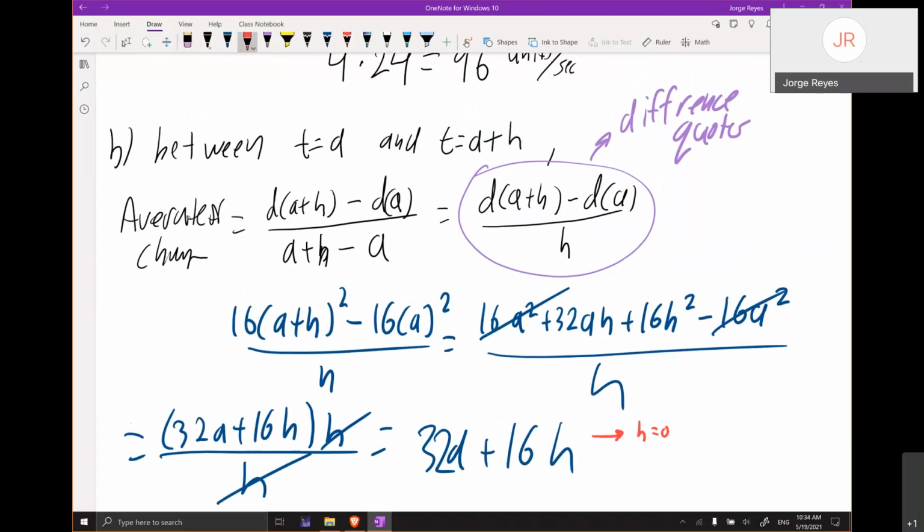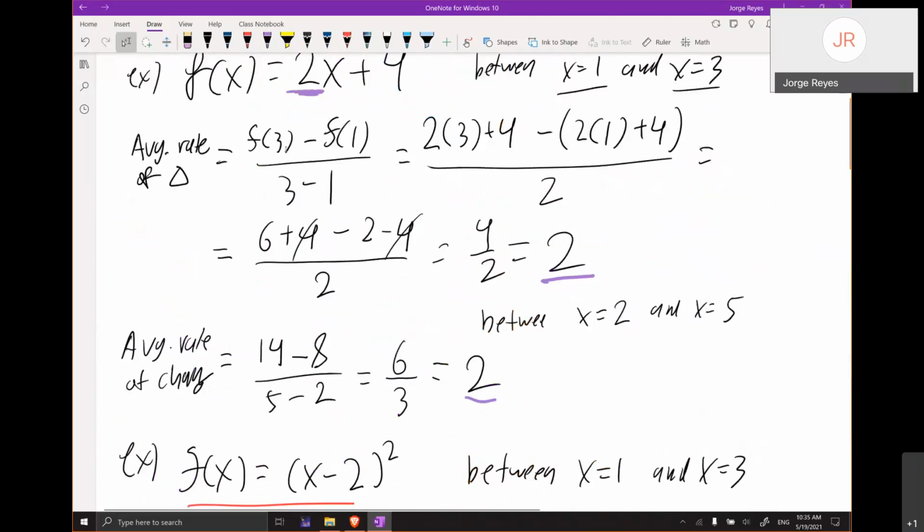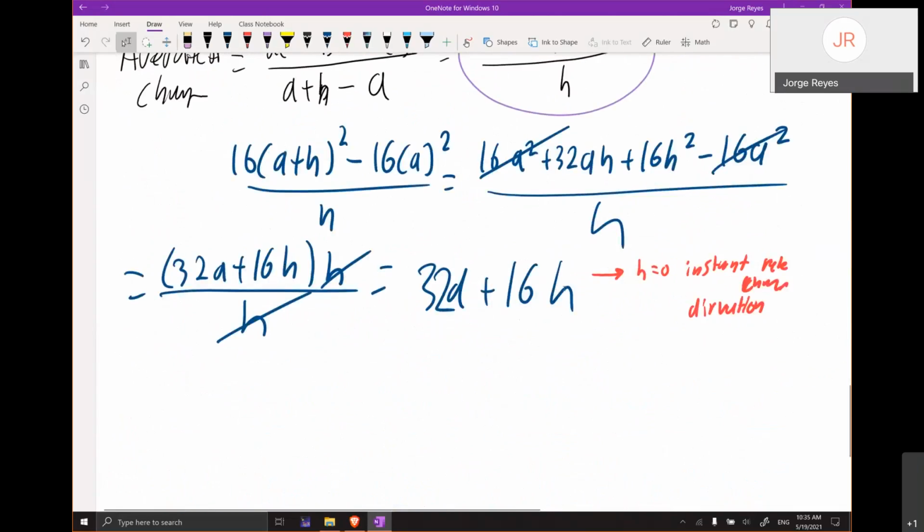If h is 0, then I'm finding the quote-unquote average rate of change between 1 and 1, which is actually not the average rate of change anymore. That's the instant rate of change, which is actually called a derivative, which is like half of calculus. So that's why some people say this is the most important section in pre-calculus, because this is basically calculus as soon as you plug in h equals 0 here.